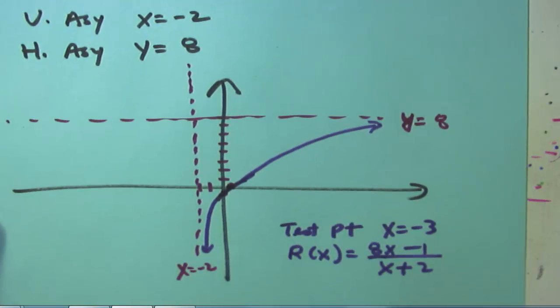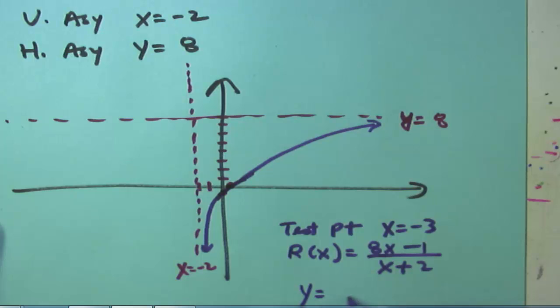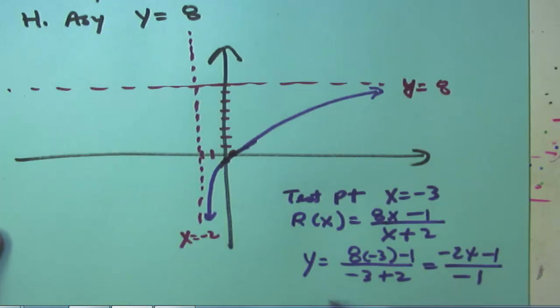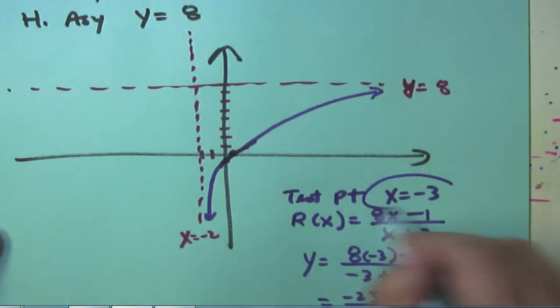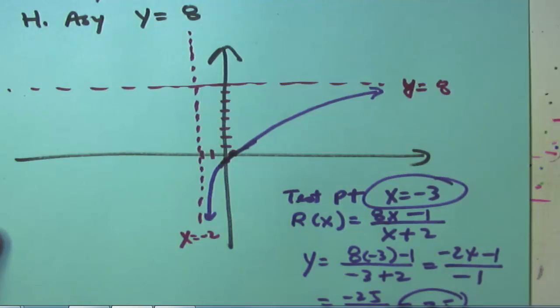And when you plug it in, you have y equal to 8 times -3 minus 1 over -3 plus 2. So on top, you're going to have -24 minus 1. At the bottom, you have -1, right? Which will give you -25 over -1, which is 25. So the point you get here is x equal to -3 and y equal to 25, right?